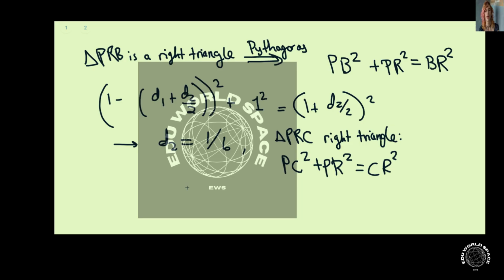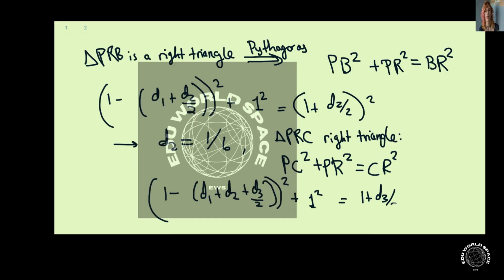And this would become, using the d notation, d1 plus d2 plus d3 over 2, that whole thing squared, plus 1 squared, that's PR is 1. And then on the right-hand side, 1 plus d3 over 2, quantity squared. And this will imply d3 is 1 over 12.